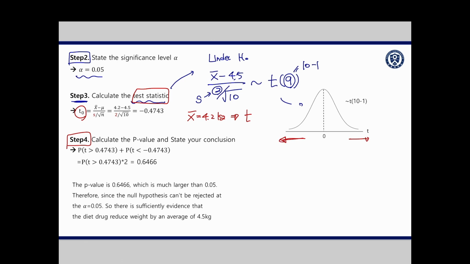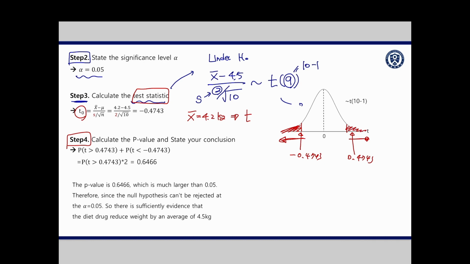This side is the rejection region. And since the test statistic is minus 0.4743 or 0.4743, the p-value is the sum of this area.